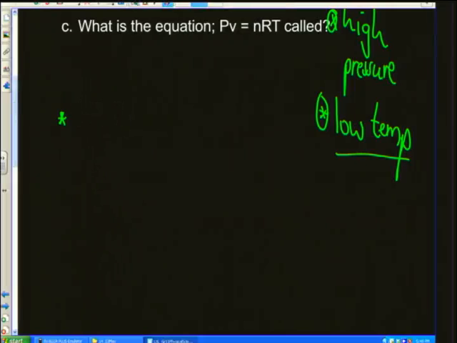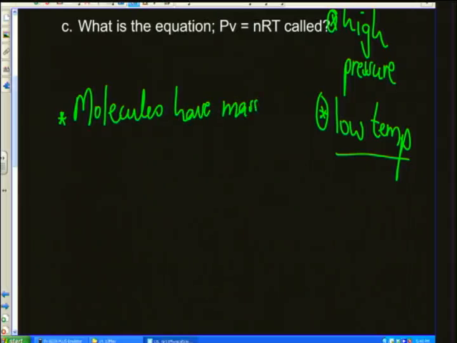So the molecules have mass but occupy no volume.